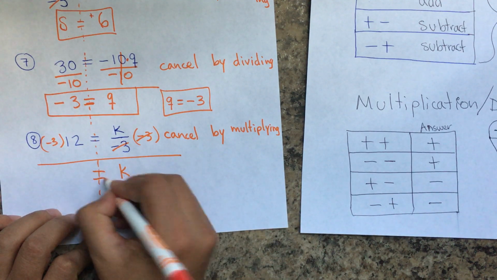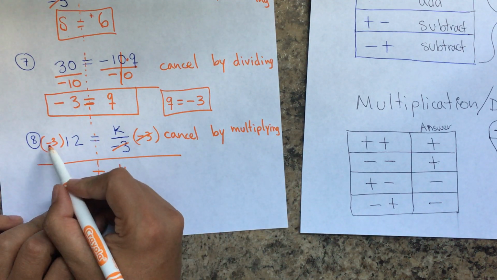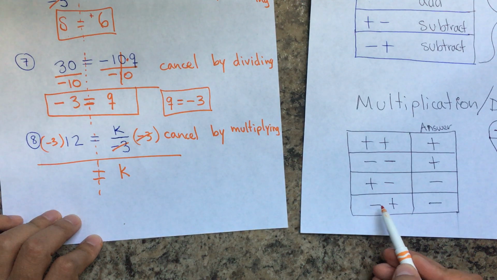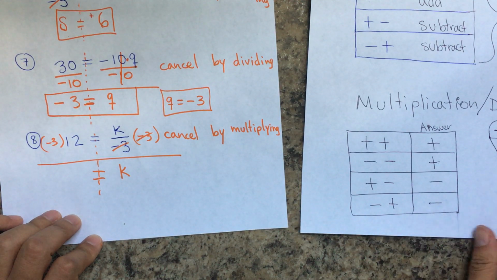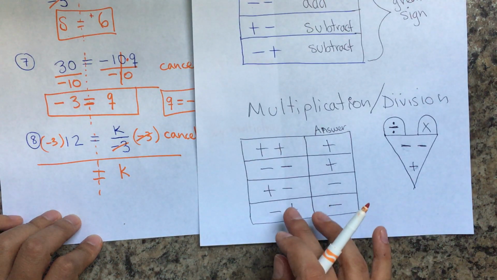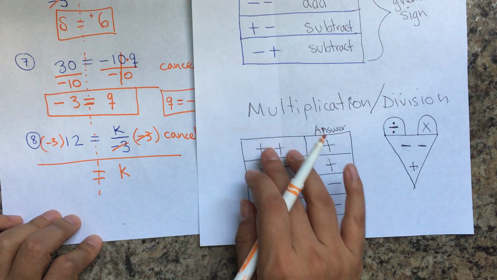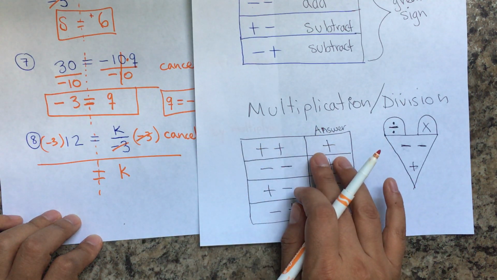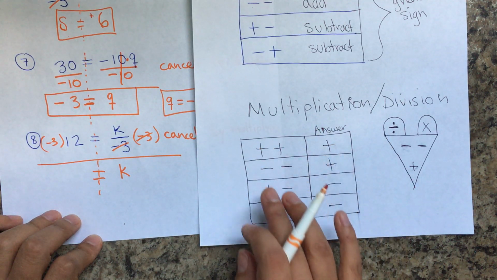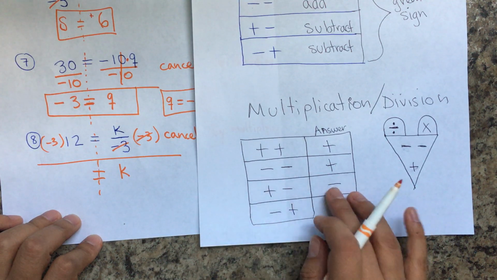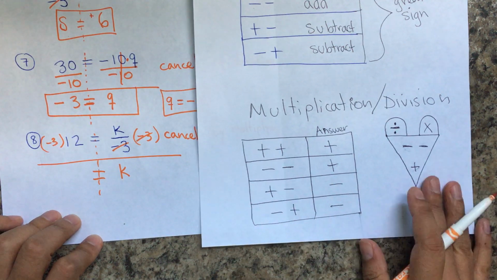K equals negative times positive. Negative times positive equals negative. Remember, multiplication and division, the same, positive. Different signs, negative. Okay?